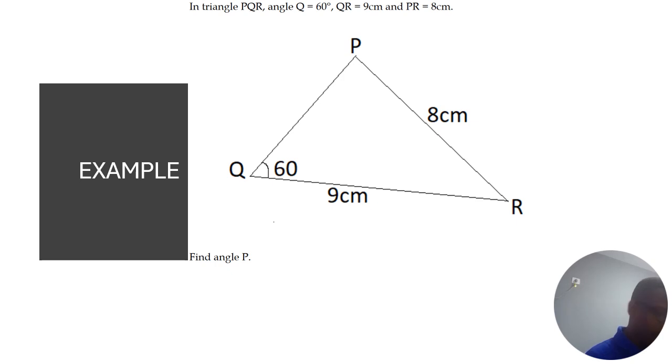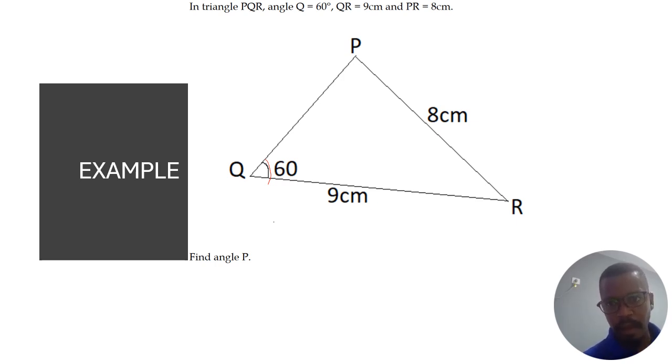Okay, so on this one, they're saying in triangle PQR, angle Q, which is this one, is 60 degrees, and QR, where is QR? This one, QR is 9 centimeters, and PR is 8 centimeters.